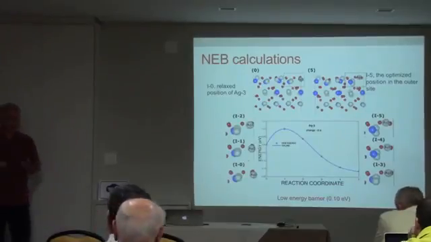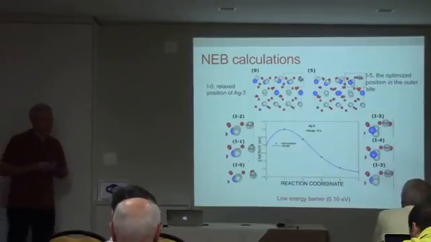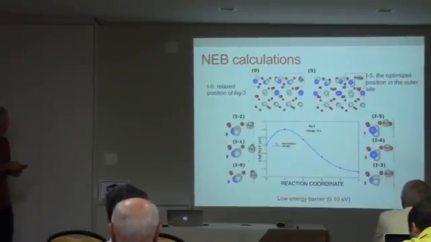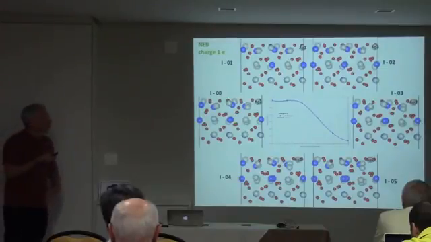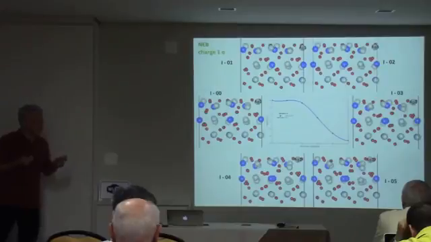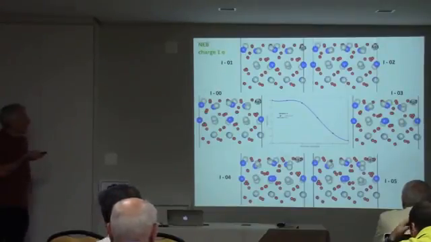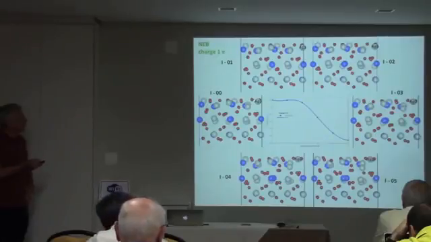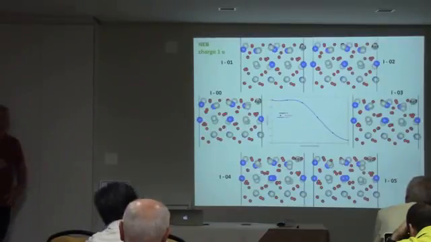But what happens when we also facilitate the process by injecting electrons from the microscope? We have performed a simulation including this electron effect, and we find that the diffusion path has no energy barrier.